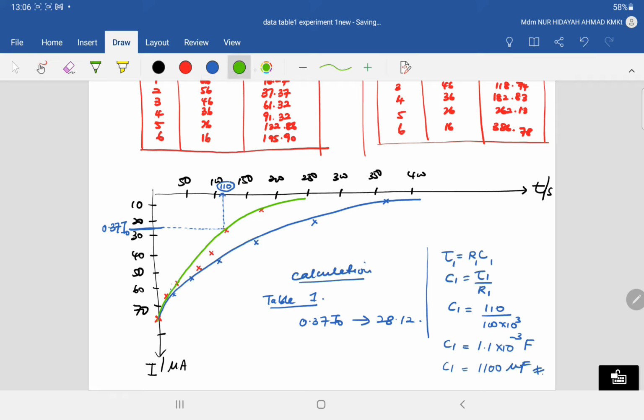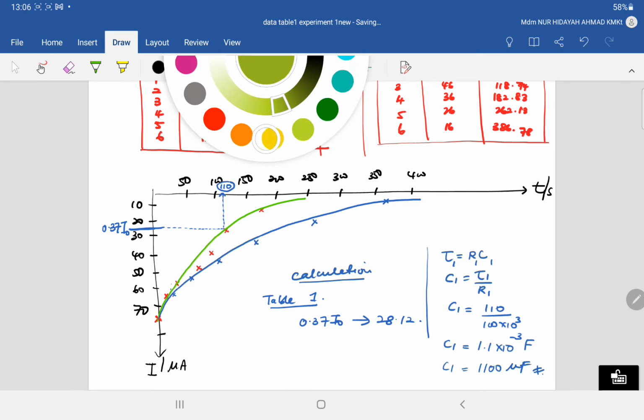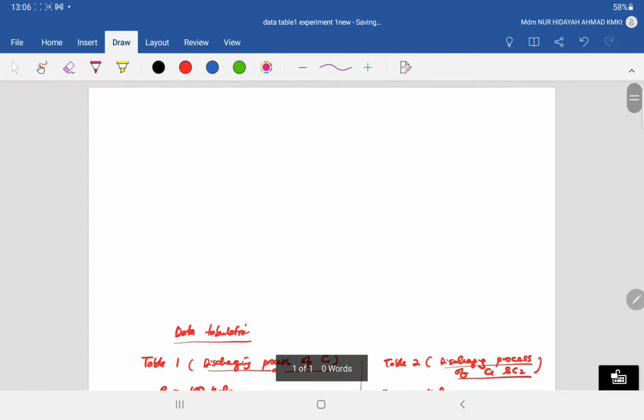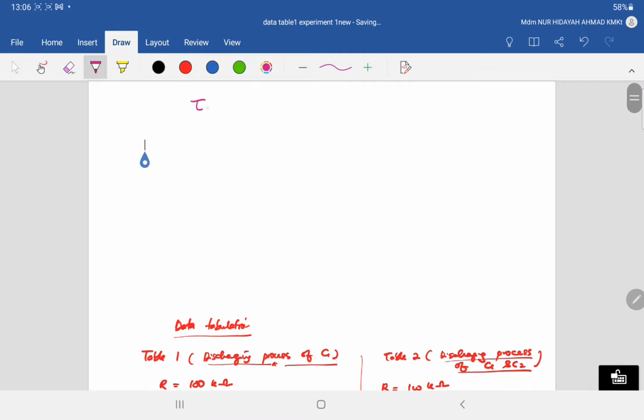For table number 2, we continue. We have tau about 210. Tau equals R times C effective.